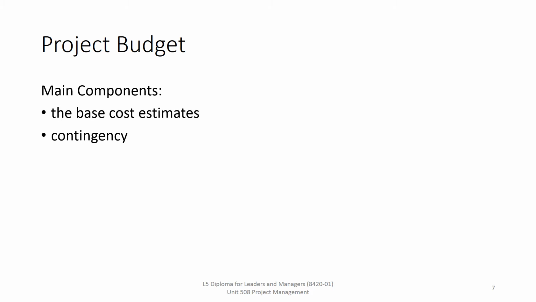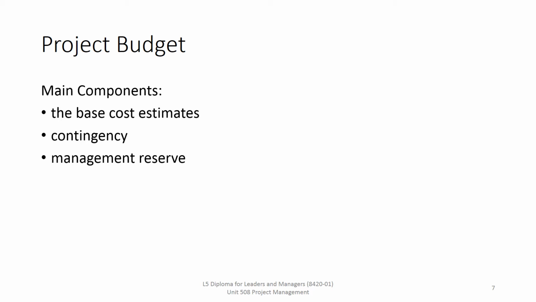So the project budget is really important, and is all going to come together in three main components. And they're going to be the base cost estimate, contingency, and a management reserve.